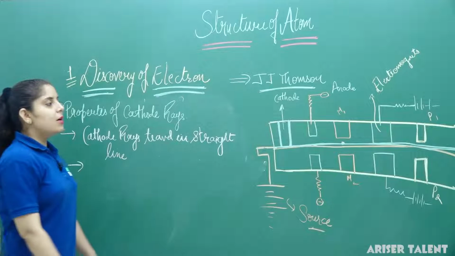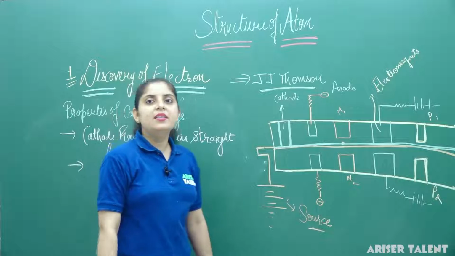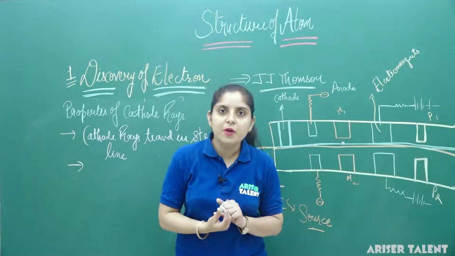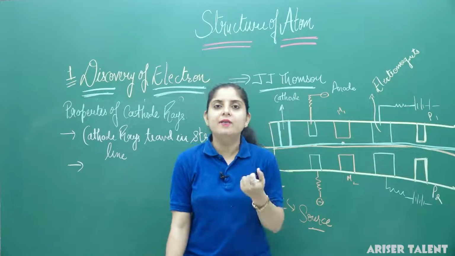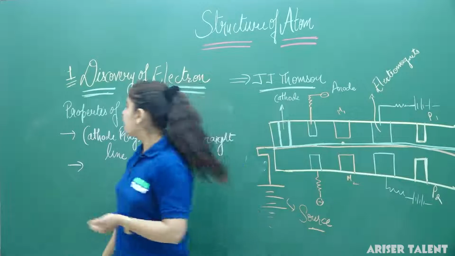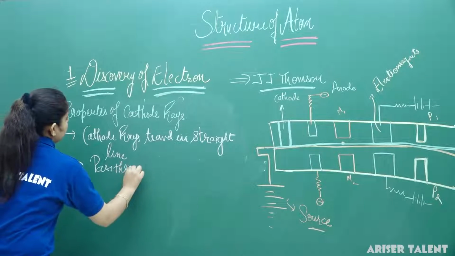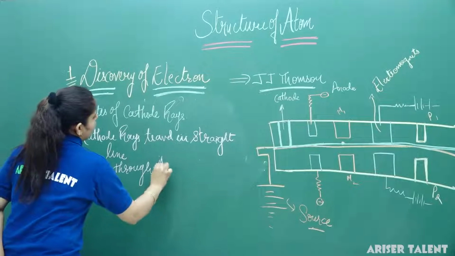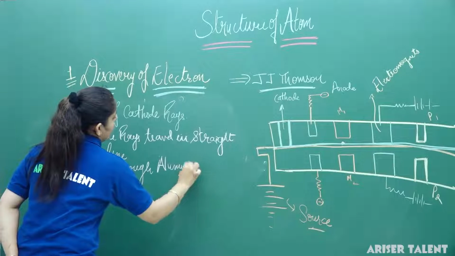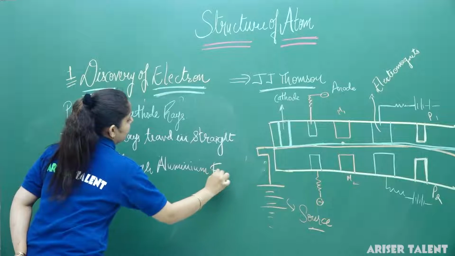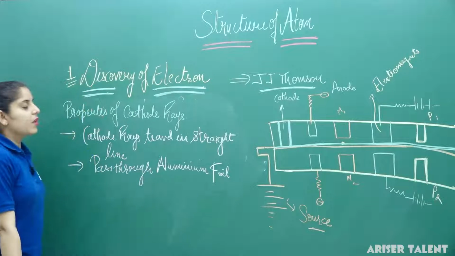Second thing that was observed is that these rays have a tendency to pass through aluminium foil because they are crossing the screen. They can pass through aluminium foil. Clear?